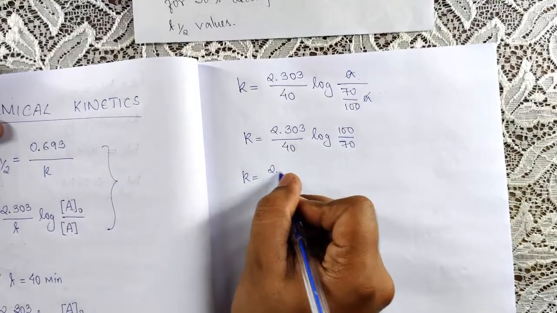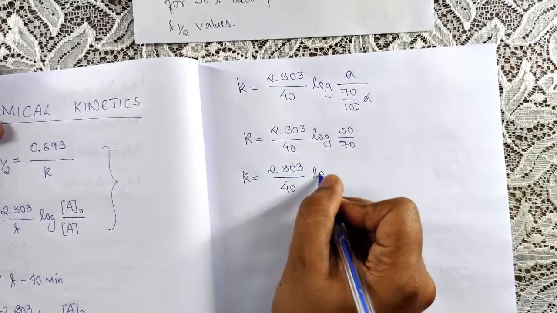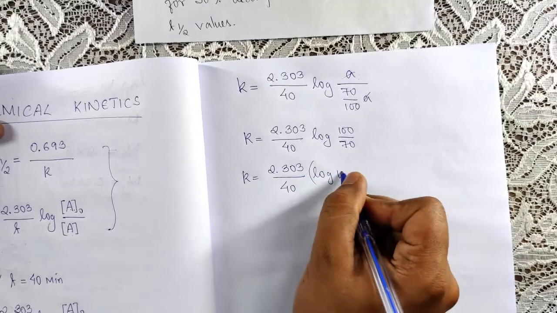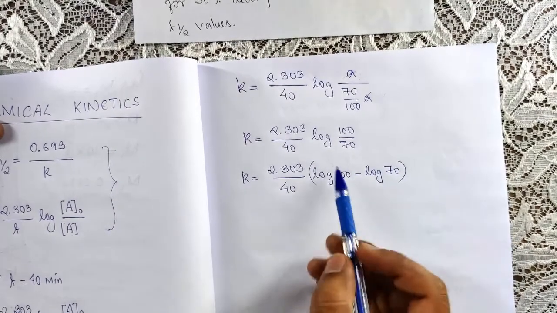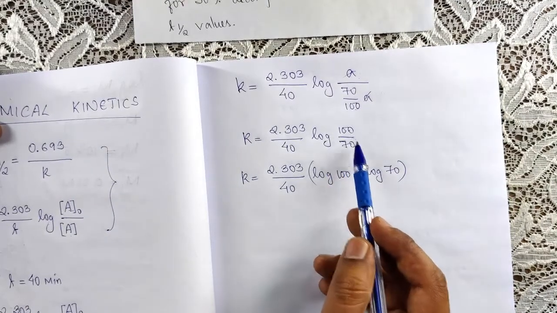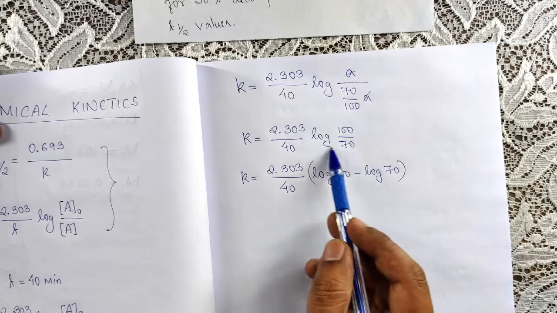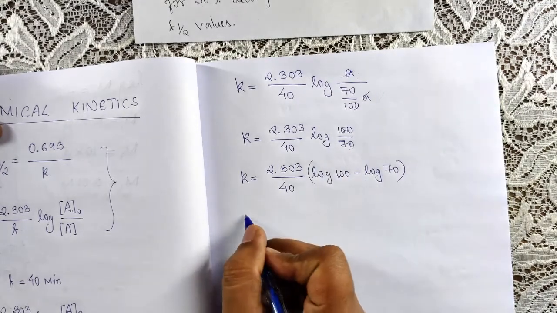K is equal to 2.303 by 40 log 100 minus log 70. Whenever it is like this and you're supposed to take log, it will be log A minus log B. So log 100 minus log 70, the upper one minus the lower one.